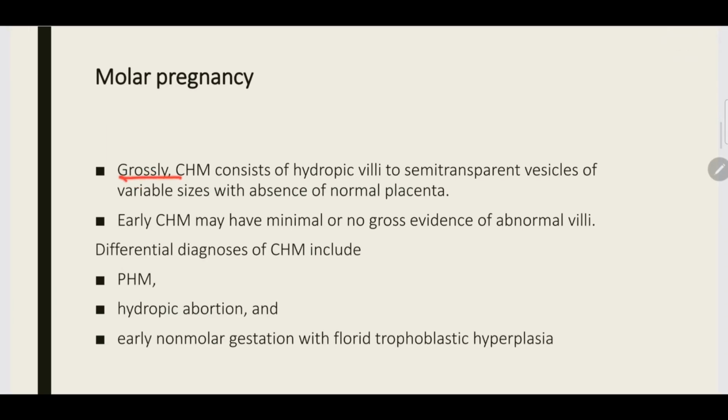Molar pregnancy. Grossly, complete hydatidiform mole consists of hydropic villi to semi-transparent vesicles of variable size with absence of normal placenta. Early complete hydatidiform mole may have minimal or no gross evidence of abnormal villi, and differential diagnosis of complete mole includes partial hydatidiform mole, hydropic abortion, and early non-molar gestation with florid trophoblastic hyperplasia.